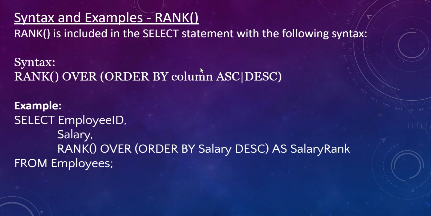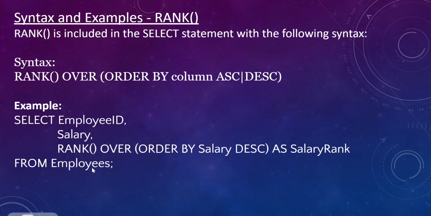This means how we want to order by this column, in ascending or descending order. For example, if we want to give the highest salary the first rank, we want the highest salary first and then lower salaries, so we want the data in descending order. We will use DESC in that scenario.